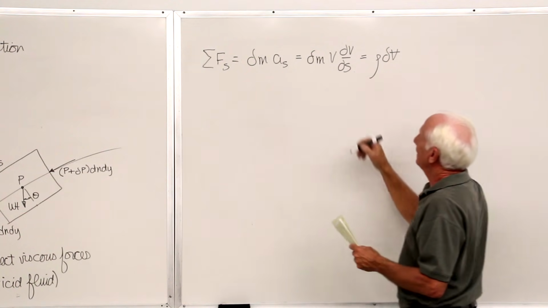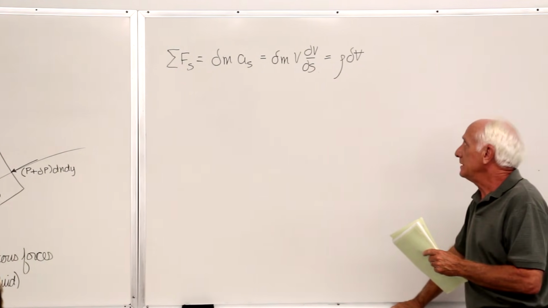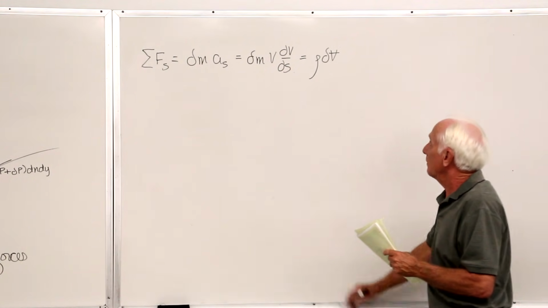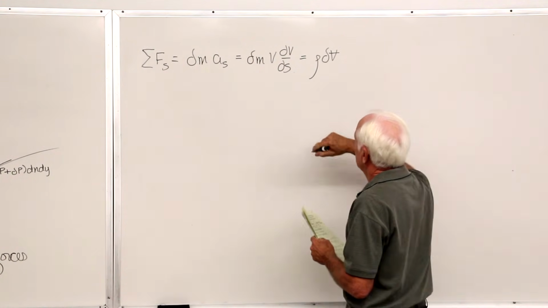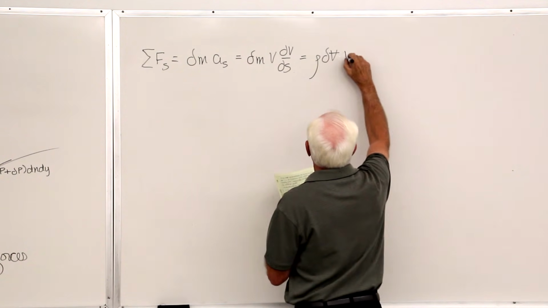Here's where I told you there's a V and a V slash. V means velocity, V slash means volume, differential volume, multiplied by V dV/ds.